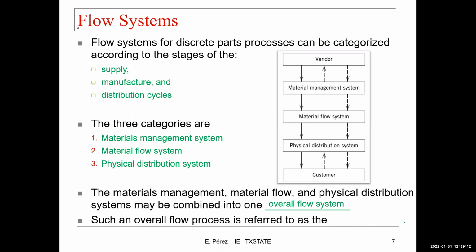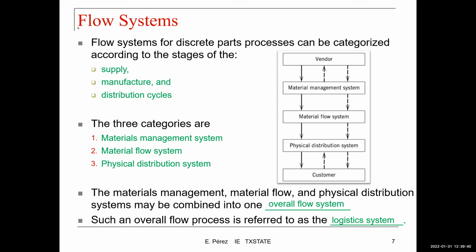Such an overall flow process is referred to as the logistics system. This is a very popular word nowadays, logistics, supply chain. So that's what we refer to. So from the vendor to the customer, all the things that are happening to create, move, and deliver that final product.